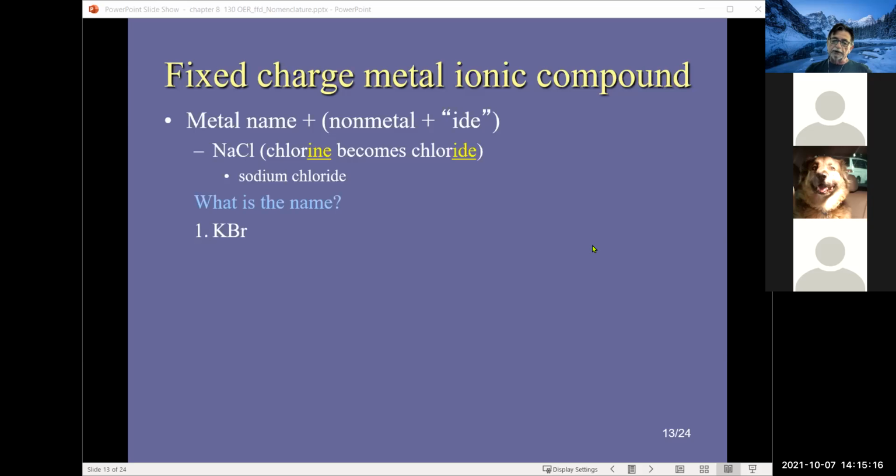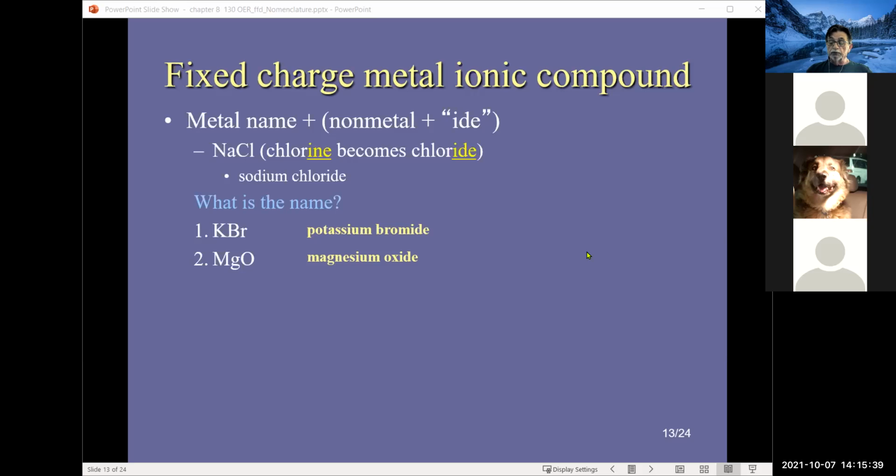This one here, we look at K is potassium. The metal never changes name-wise. The Br goes from bromine to bromide, just like the chlorine did. It went to chloride. The oxygen here goes to oxide. Okay, so this name would be magnesium oxide.